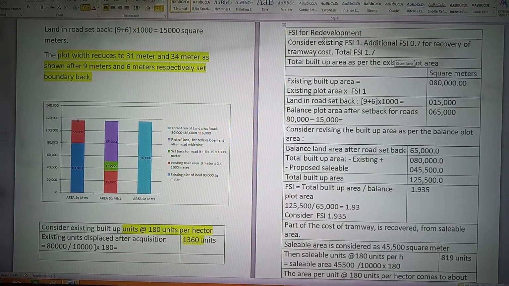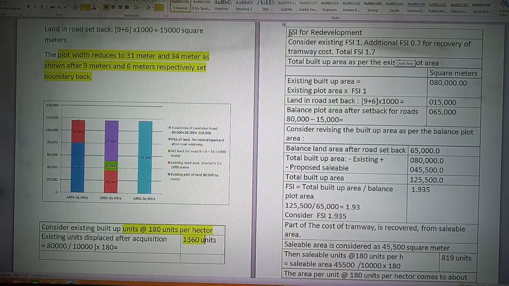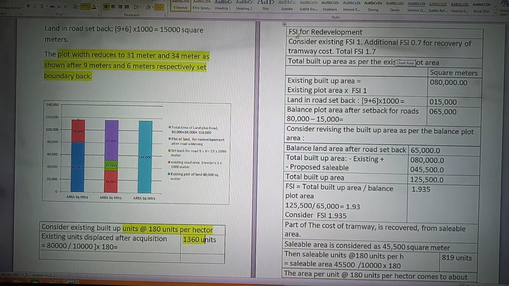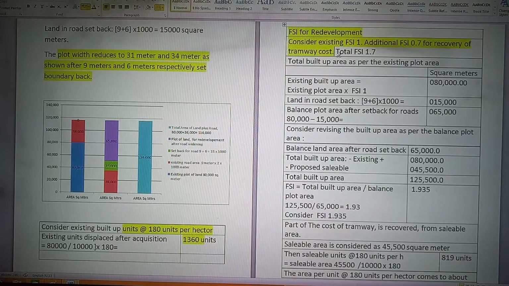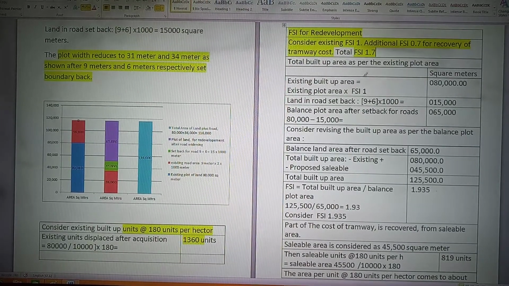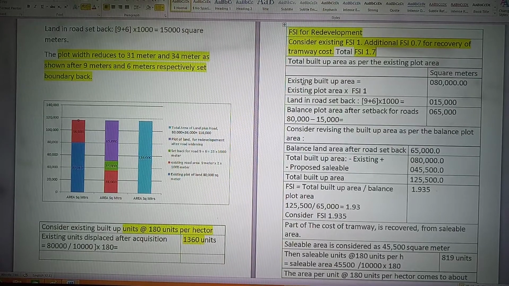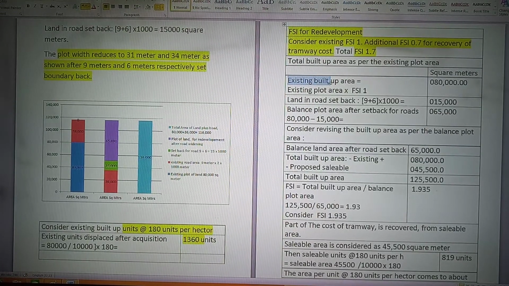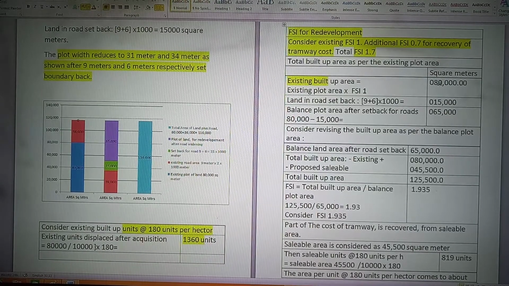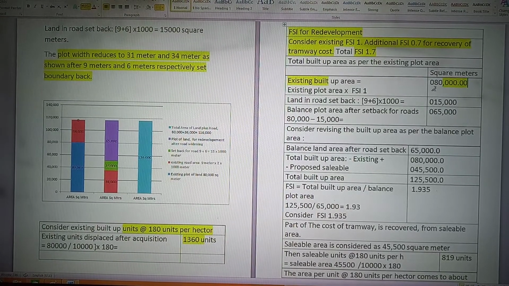So let us calculate the built up areas. What we have here is FSI for redevelopment. Existing FSI is 1, additional FSI is 0.7, so total FSI is 1.7. The existing built up area at FSI 1 is 80,000 square meters.